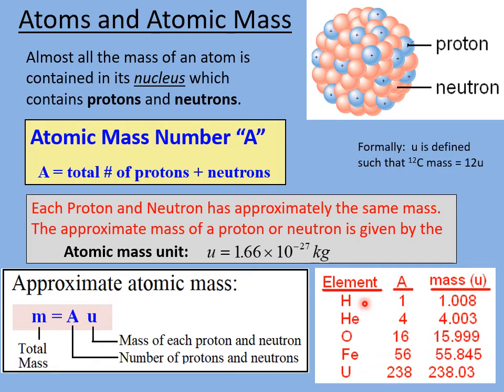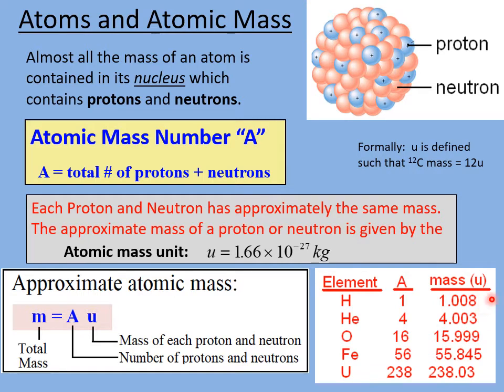The lightest element, hydrogen, has a single proton as its nucleus. So its atomic mass number, A, is 1. And here you can see its actual mass in atomic mass units, U, is 1.008. So it's not exactly 1, but for our purposes here, it's very close to 1. If we round this, it's within 1% of 1.